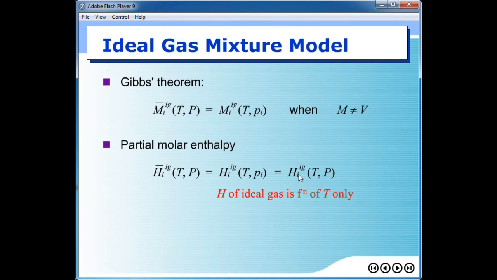On the far right, this is the property of pure species i. On the left, this is the property of species i when it exists as part of the mixture. So this equation gives you that the enthalpy of species i in the mixture is not changed at all. It would be the same as when it is pure, as long as the mixture is an ideal gas.